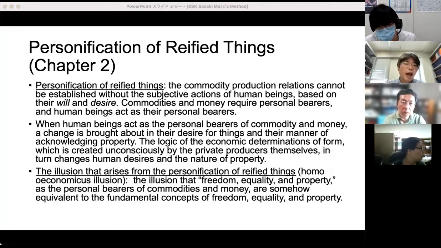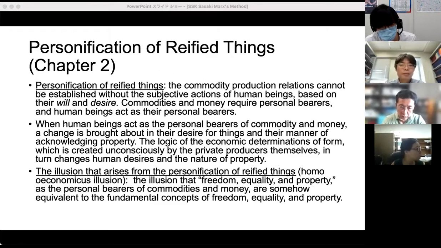Next, I discuss chapter 2, the process of exchange. This chapter deals with the personification of reified things. The term reified things here means things having an economic determination of form, such as commodity, money, capital.